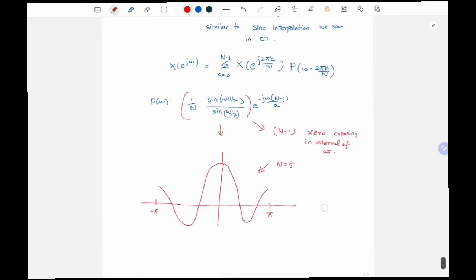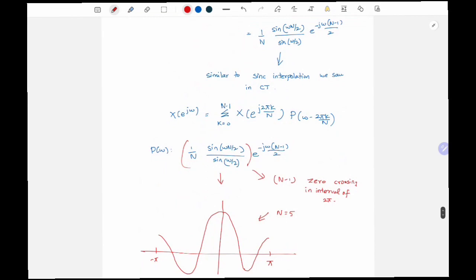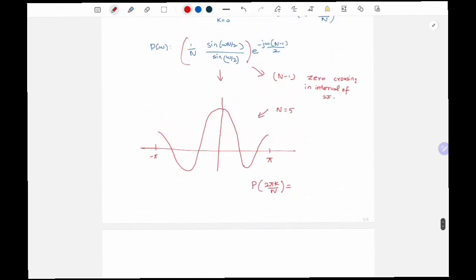And you can also observe that if you substitute ω equal to 2πk/N in P, you will notice that for k equal to 0 it is going to be equal to 1, because both your numerator and denominator go to 0, and you have to take a limit and then you will arrive at 1.